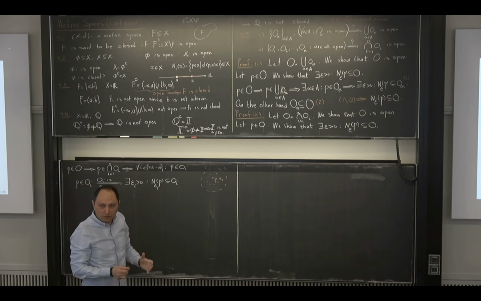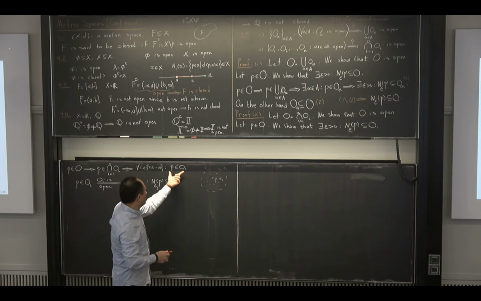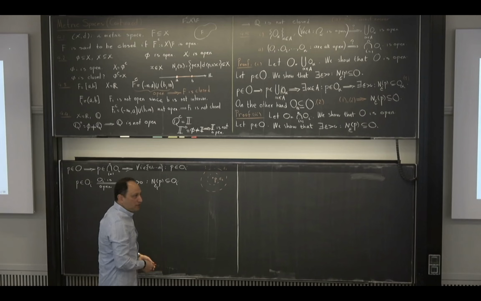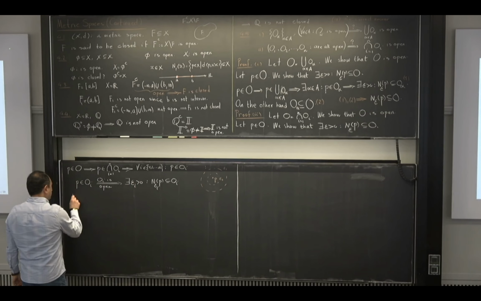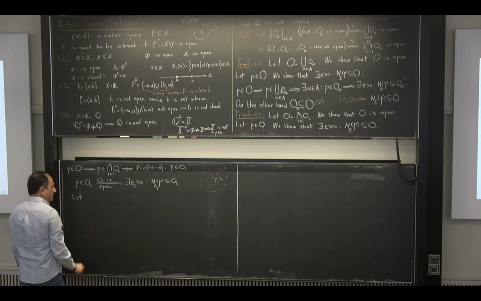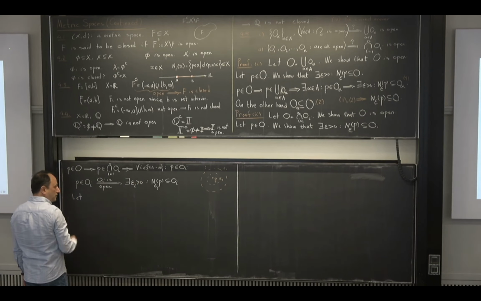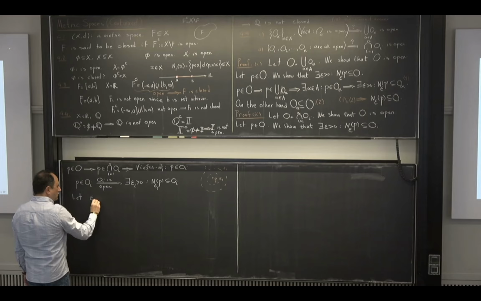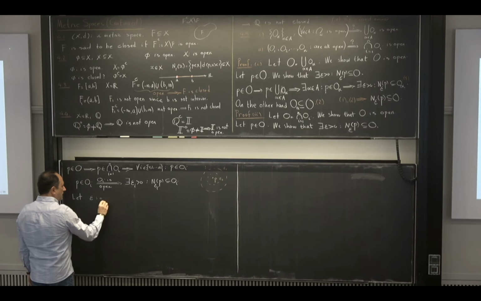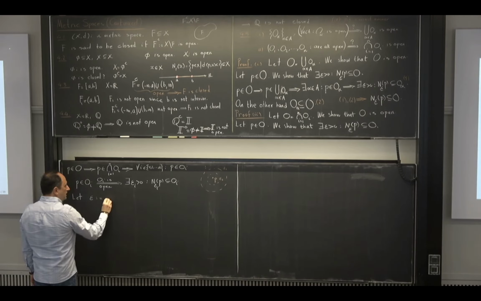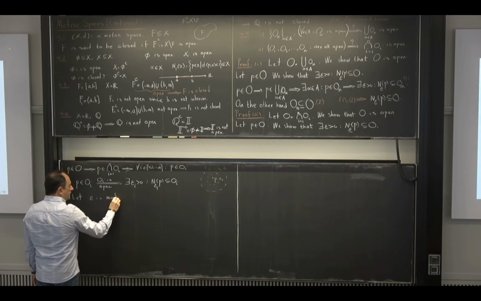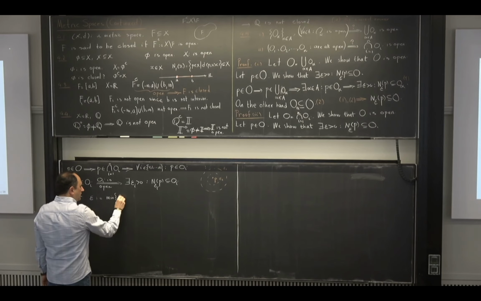The smallest one will fit in its corresponding O, as well as every other one. So this is the intuition, but you have to write it rigorously. Let epsilon, how should I define it? I define epsilon to be the minimum of all these epsilons.